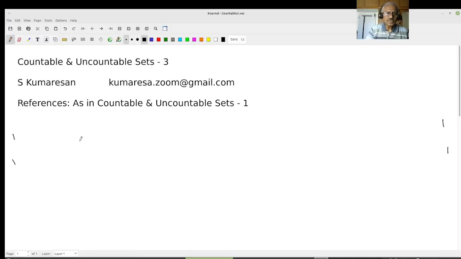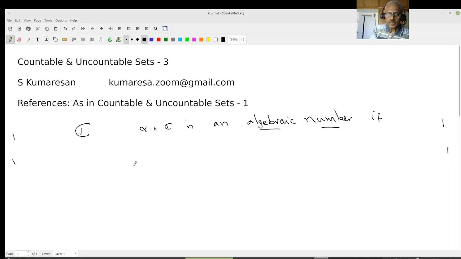So let us start with complex numbers. I say a complex number alpha in C is an algebraic number. This is a definition.